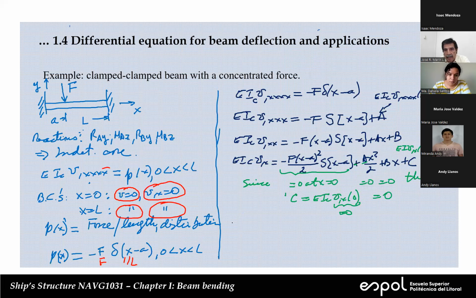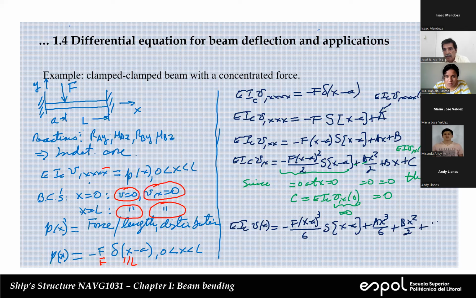One more time and say that EI V of X, this is a function that I'm trying to determine, minus F X minus A cubed over 6 step A, and then we have plus AX cubed over 6 plus BX plus D. We know that C is already 0. And again, in this case, this is equal to EI V at 0.